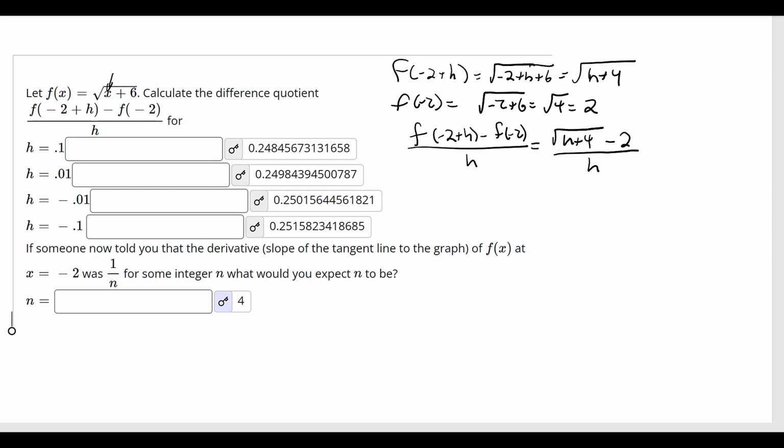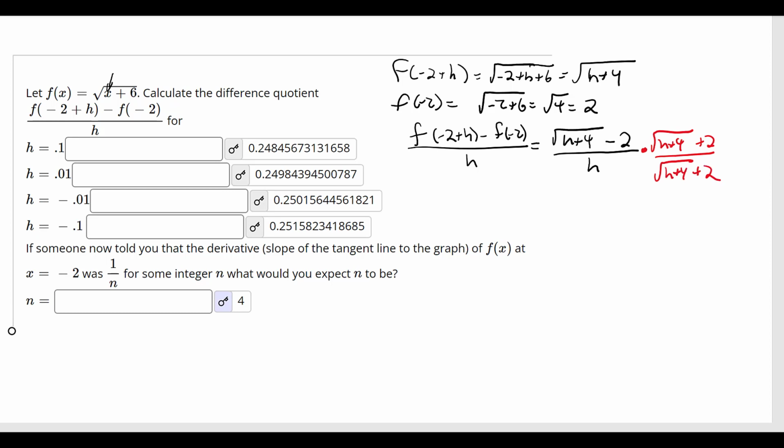I know this is something I cover in my Math 126 class, and some people question why, and this is exactly why. So I'll multiply here by the square root of h plus 4 plus 2, the conjugate of that term, over the square root of h plus 4 plus 2.